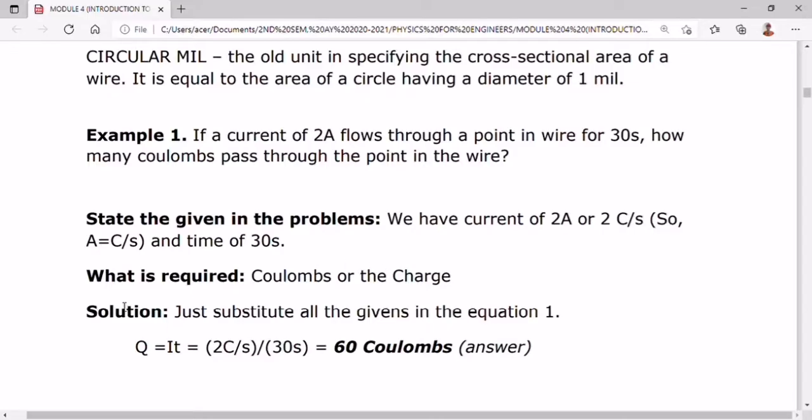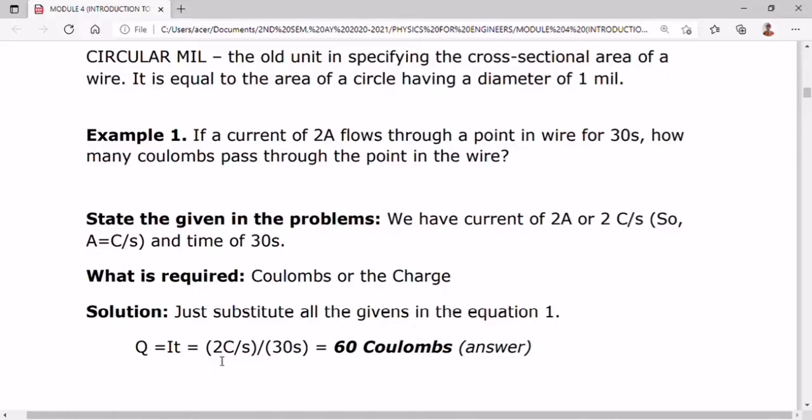So this is just a simple direct substitution. First, you cannot solve if you don't have the formula for it. So we're going to Q. We know that electrical charge is equal to current times time.